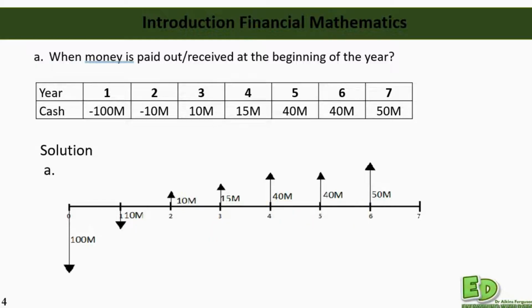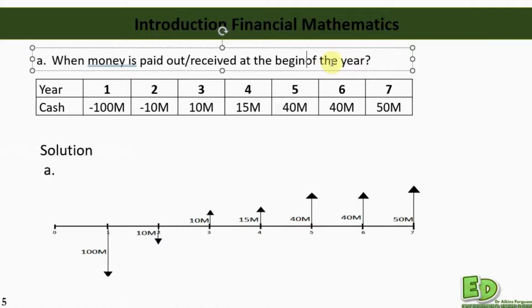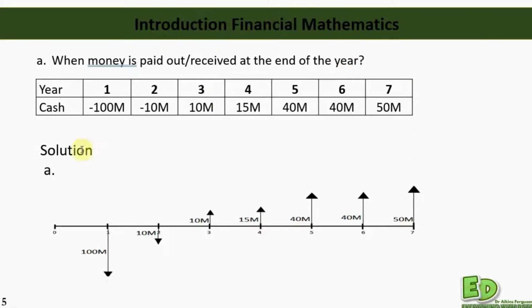So how do we represent this at the end of the year? So end of year 1, end of year 2, all the way to end of year 7. Year 1 is the end of year 1, 2 is the end of year 2.